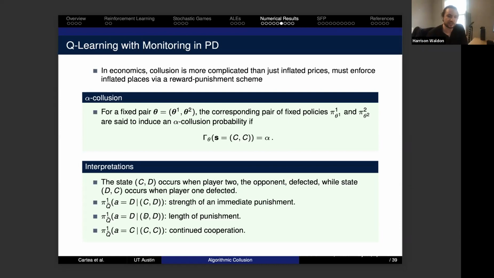And if both agents have quoted narrow, we can think of this as the length of punishment. So how long do I want to continue quoting narrow, given that we're in this state of punishment? And the probability of quoting wide, given that both agents have quoted wide, is the probability of continuing cooperation.